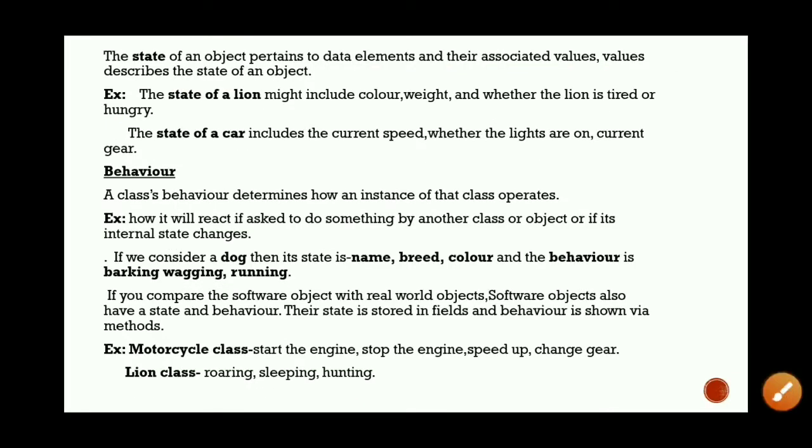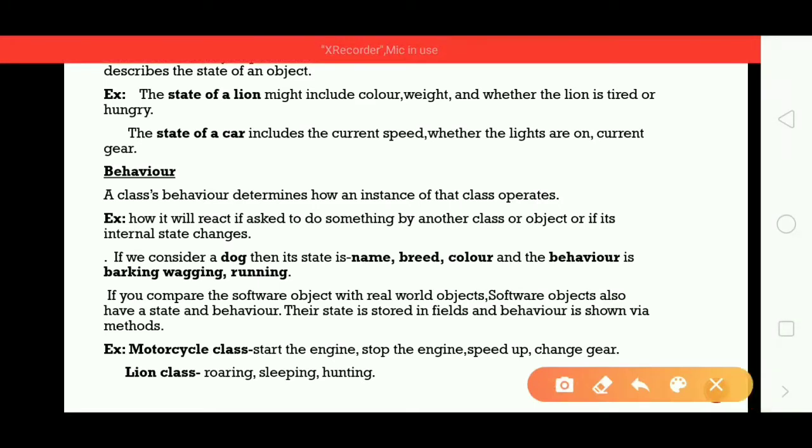Okay, the state of an object pertains to data elements and their associated values. Values describe the state of an object. Consider an example, the state of a lion. The state of a lion may include its color, weight, whether the lion is tired or hungry. Here you can have values for these states: color, weight, lion is tired or hungry.